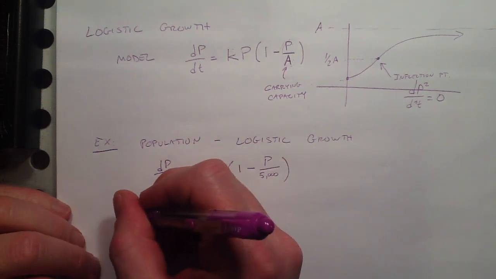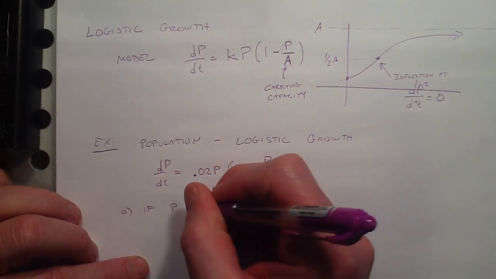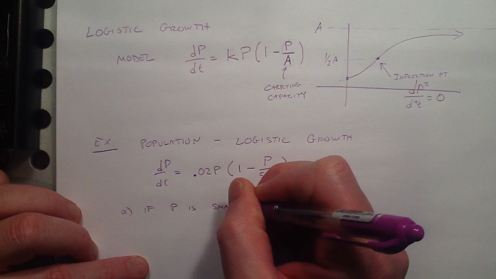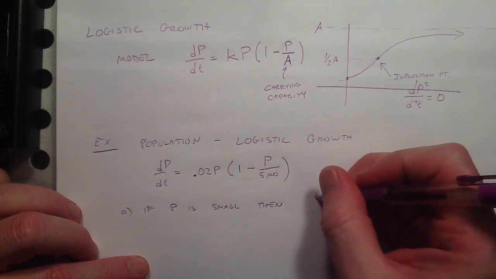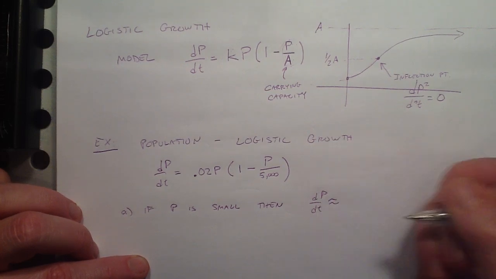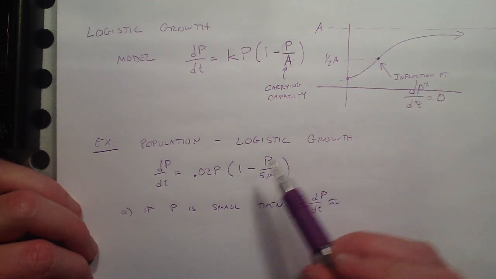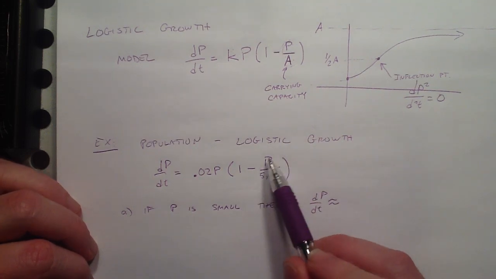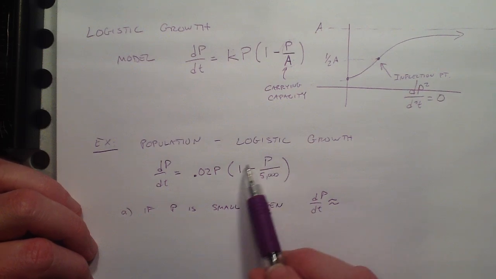First of all, in part A, if P is small, then dP/dt is approximately equal to, if P was very small, much less than 5,000, then this would be 1 minus some very small fraction. So it's about 1, right? 1 minus something very small.